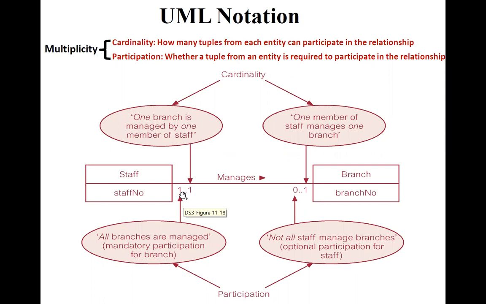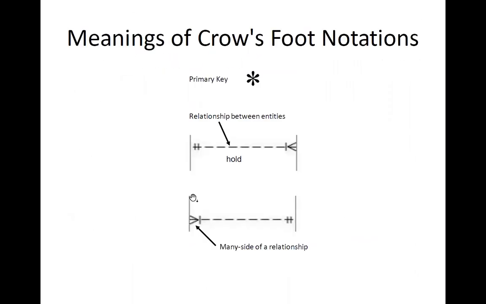One is for participation. The other is the maximum cardinality. But if you look at the crossfoot notation, on this end, we have this for participation, right?